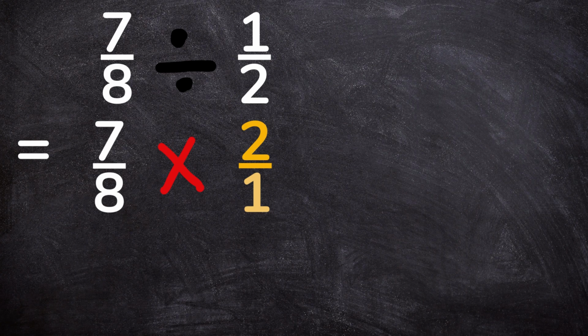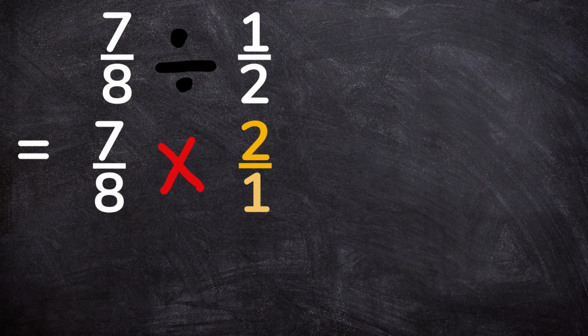Now we have two fractions that are multiplying. 7/8 times 2/1. And whenever you're multiplying fractions, all you do is you multiply the top numbers together all over the bottom numbers multiplied together. So the numerators, we have 7 for the first fraction and 2 for the second fraction now.